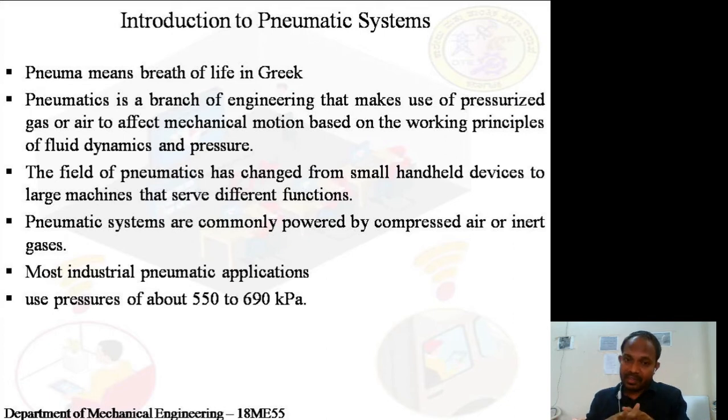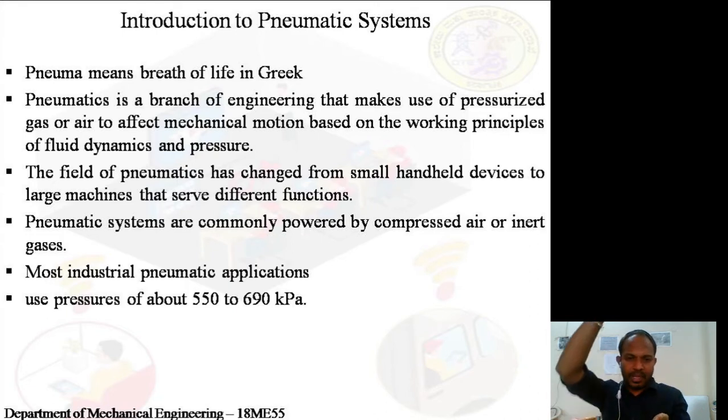What does it say? Pascal's law states that in a confined liquid, in other words, I always say a fluid under confinement, you take a water bottle and close it. In a confined liquid, when force is applied, the force will be distributed uniformly and undiminished.